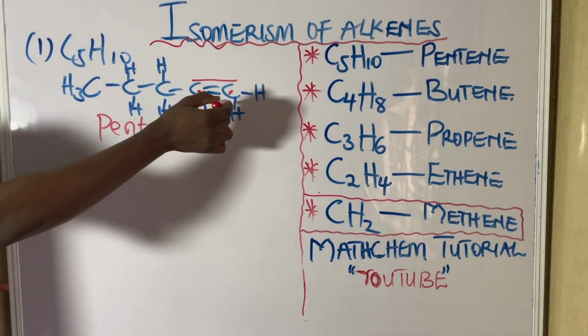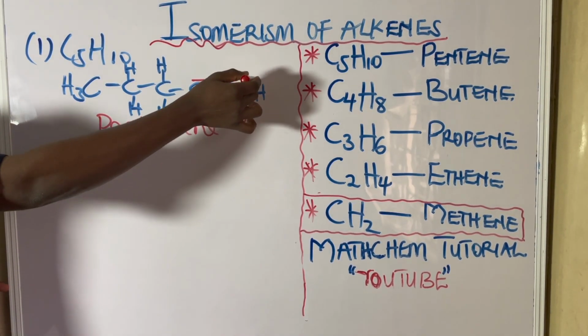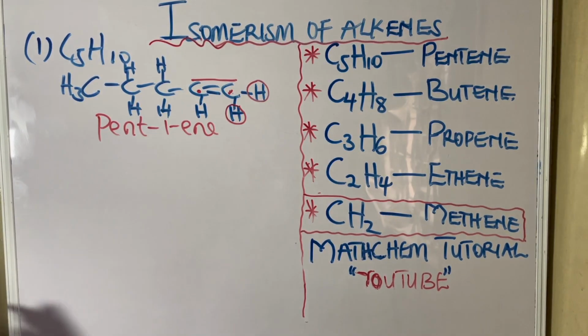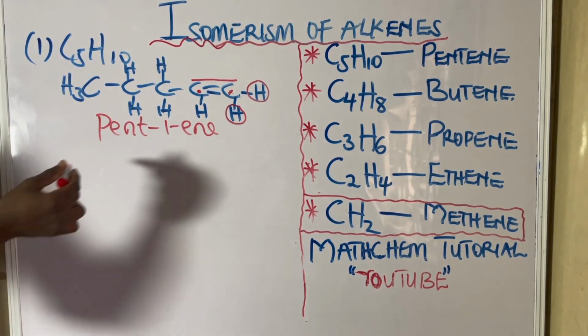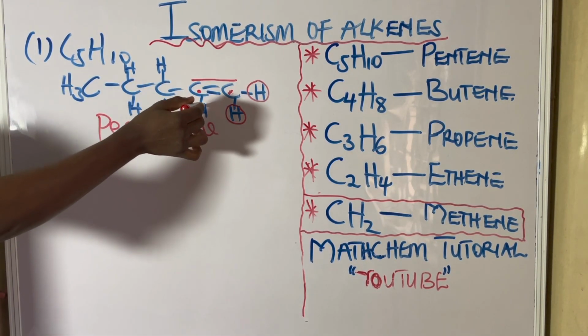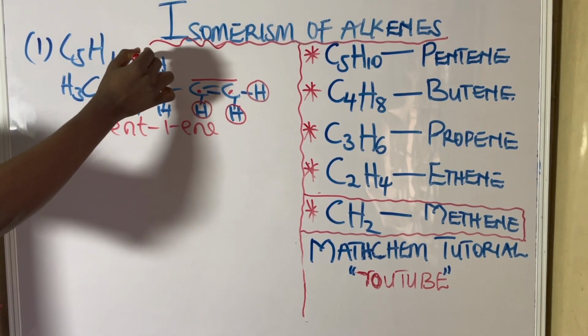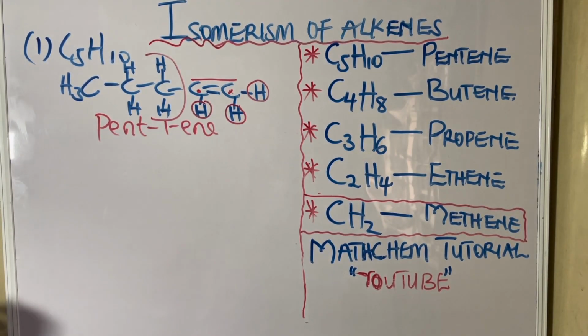Now look at this group here. This group here is H, they are the same. And even if here is H and here is CH3, this carbon here too should be attached to this group and then this group.